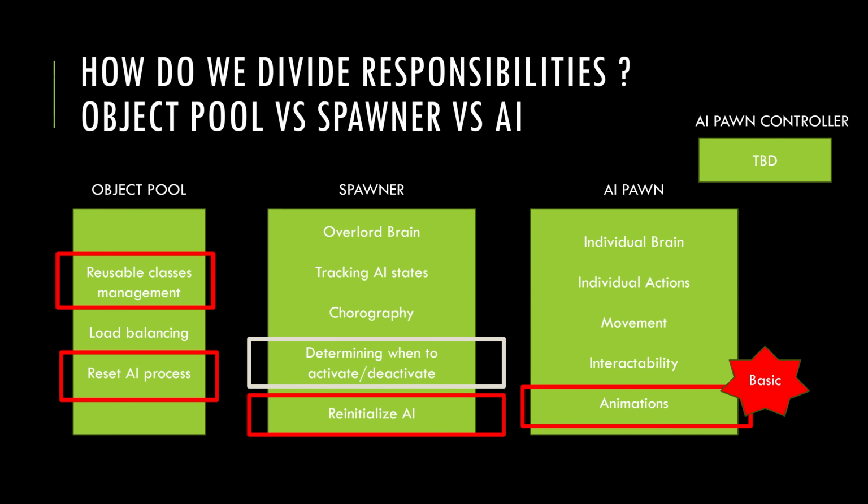We'll talk about how we reset the AI logic back to a static state when you return something. We'll talk about how you reinitialize things when a spawner requests a new pawn. And then we'll hit a little bit on the basics of the animation, which is probably the most basic of our AI pawn experiences. In future videos, we'll build on that to have more and more complex AI pawns. That should basically give us the overall coverage. All right, so let's jump into the editor and we'll look at the results in action.